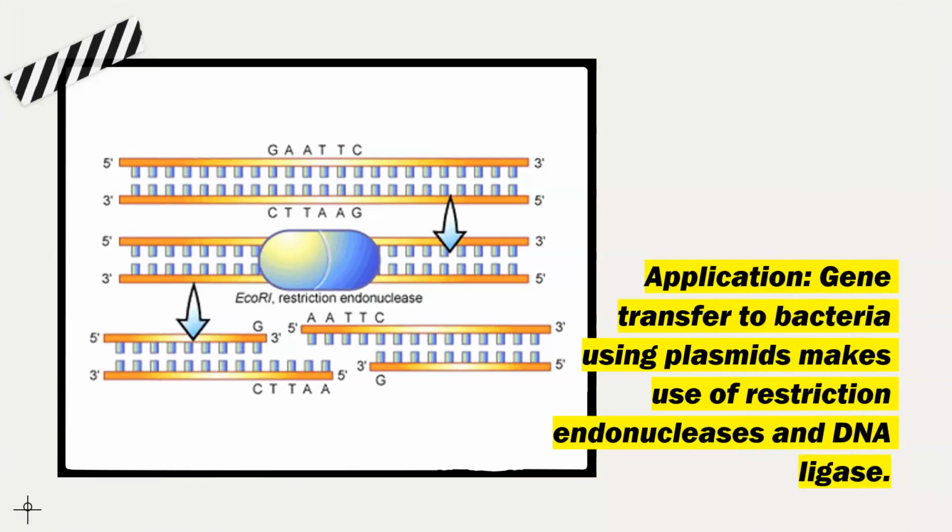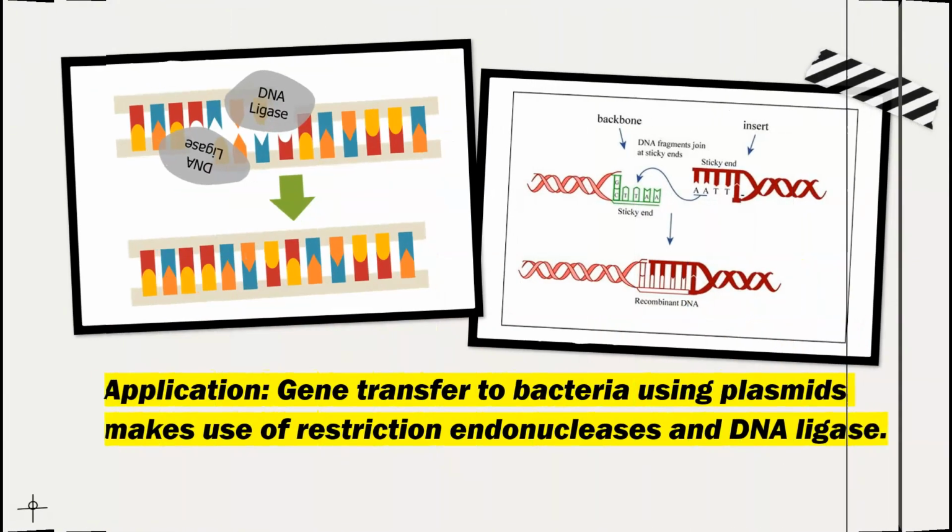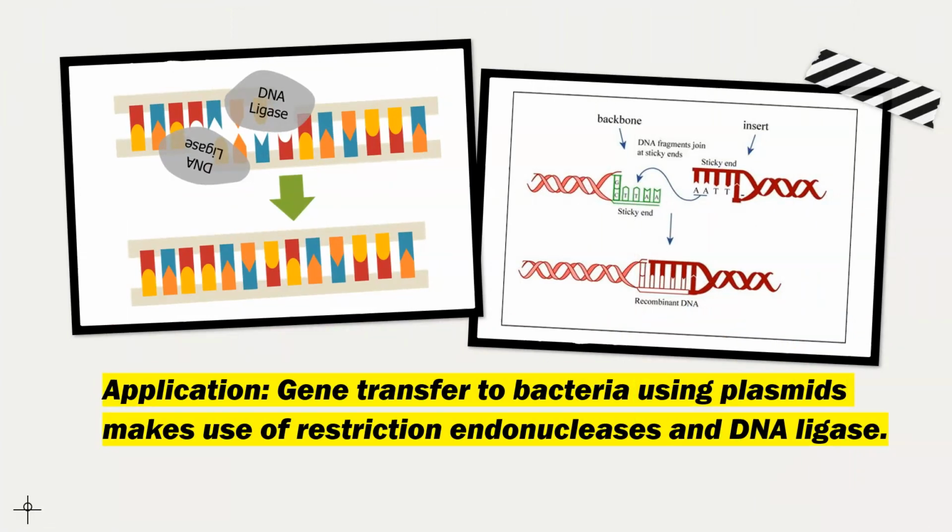Here we can see our restriction endonuclease, working along and reading the base sequence. Now DNA ligase joins the DNA back up. So restriction endonuclease unzips and DNA ligase rezips.